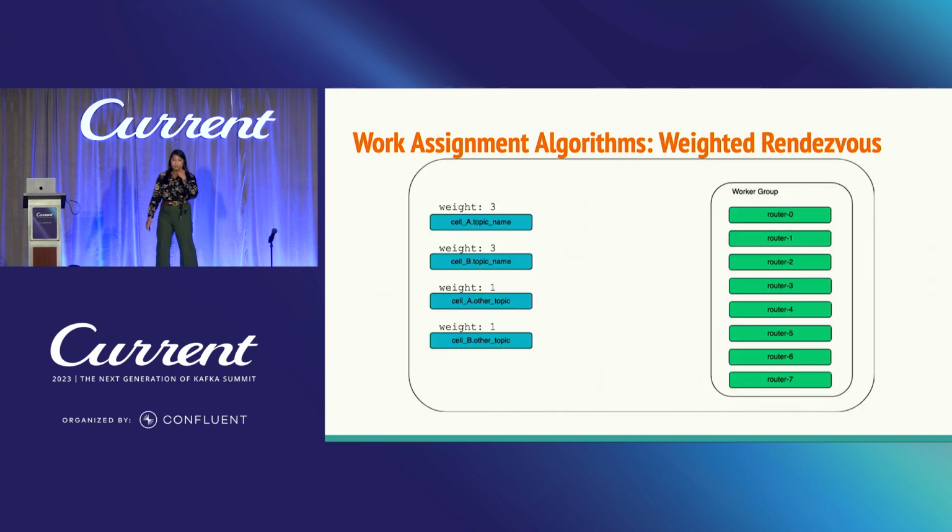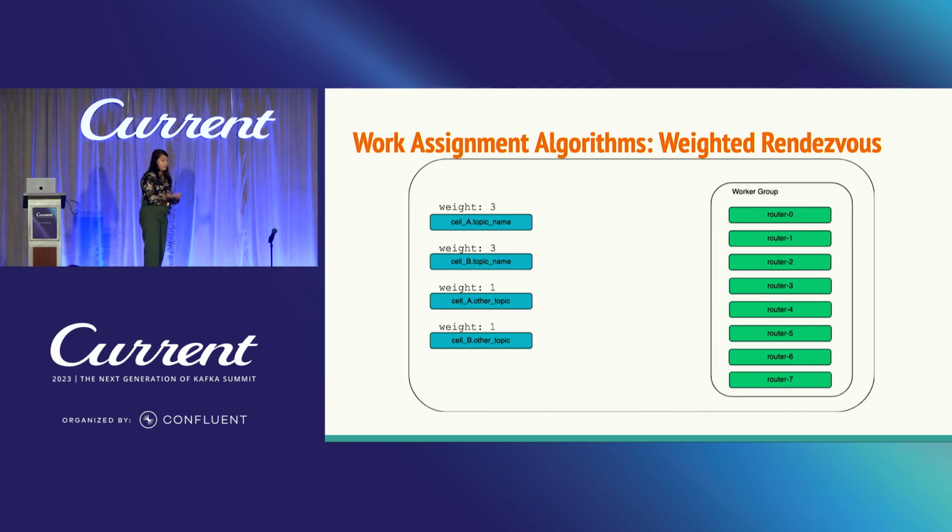This last one, weighted rendezvous, is something that's more commonly used in load balancing where you assign particular tasks to a node, and each of those nodes has a weight. We've reversed it by making the tasks weighted in an effort to make it more likely that a router is going to be assigned to a particular topic.